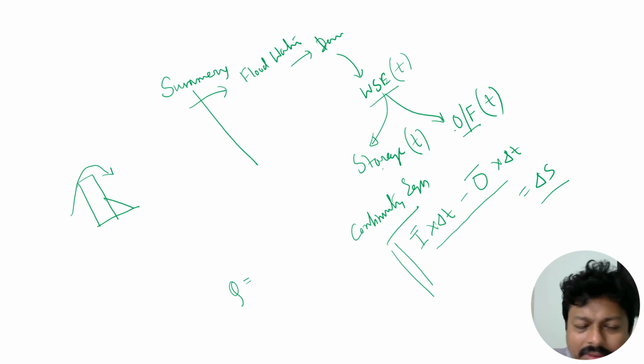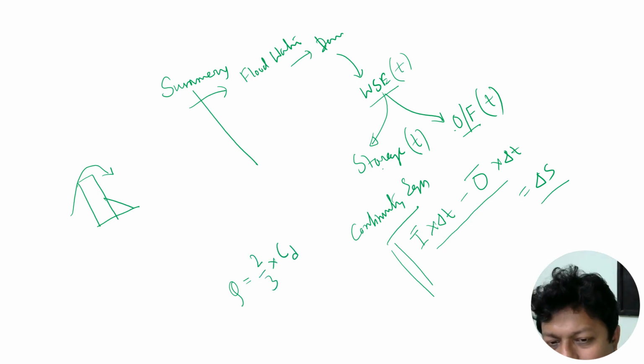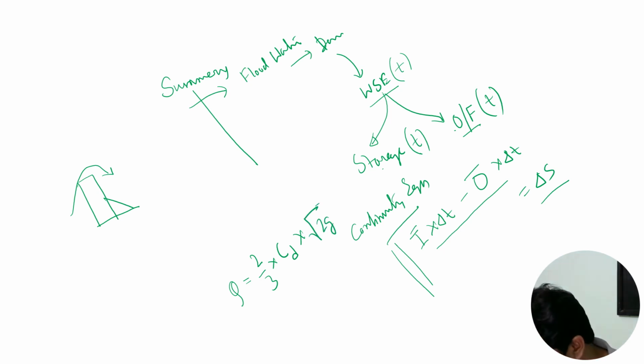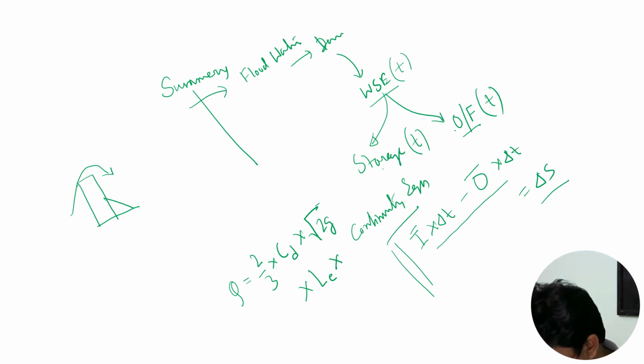So the flow of water inside an uncontrolled spillway is given by 2/3 multiplied by the coefficient of discharge, CD, multiplied by root over 2g, acceleration due to gravity, then multiplied by the effective length, and then multiplied by H, the head over the spillway.